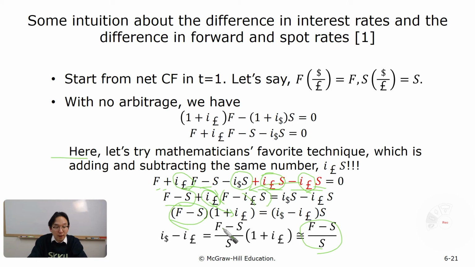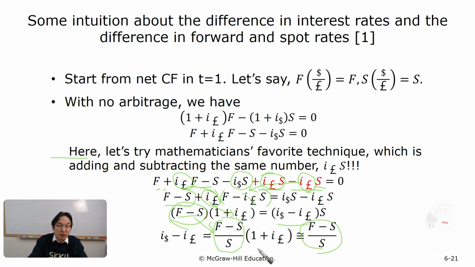Then what do you have? Well, divide both sides of the equation by S, right? Then your left-hand side will become like this: F minus S over S times 1 plus the pound rate. Okay? And the right-hand side will become what? Dollar rate minus pound rate.